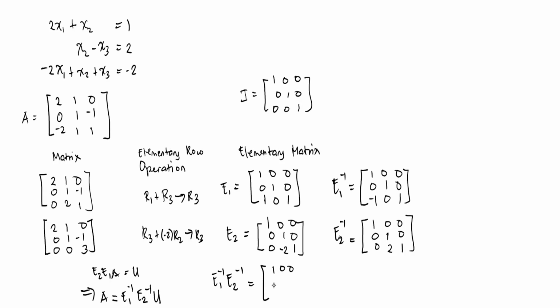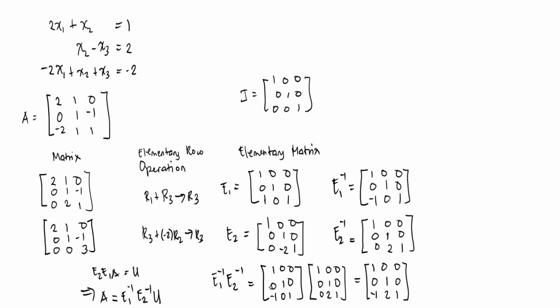So we have 1, 0, 0, 0, 1, 0, -1, 0, 1 times the inverse of E sub 2, which is equal to 1, 0, 0, and then we multiply this in here, so that's 0, and then we have 1, 0, -1, 2, sorry, that's 1.